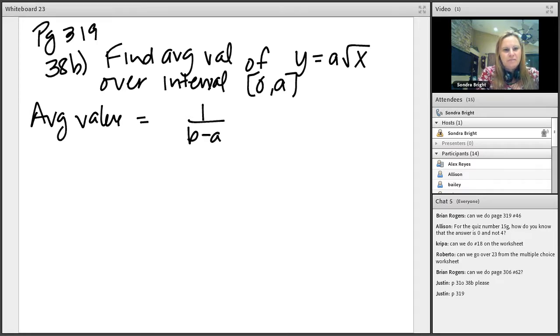But 1 over b minus a times the integral from a to b of your function, f of x dx.